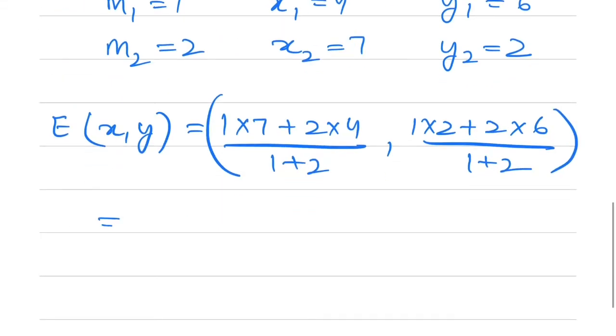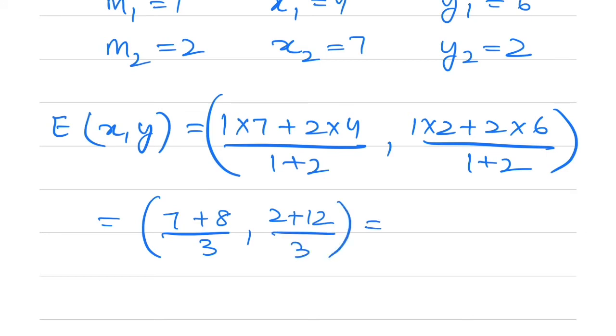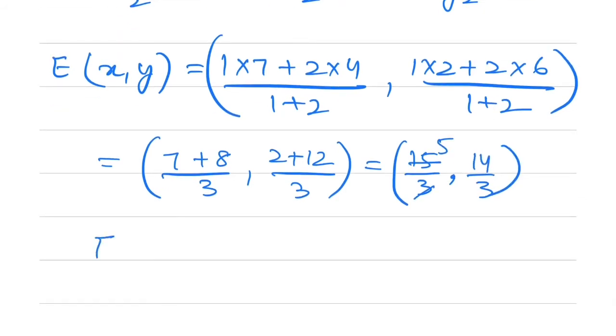So this is equal to (7 plus 8) divided by 3 and (2 plus 12) by 3. So this is 15 by 3 and 14 by 3. So this is 5. So the coordinates of point E are 5 and 14 by 3.